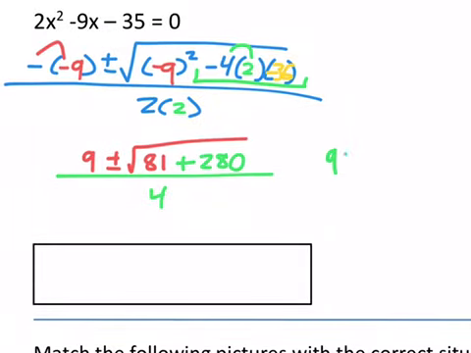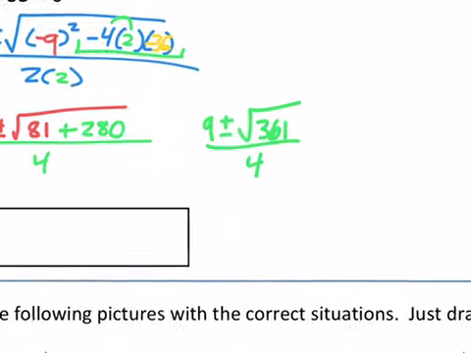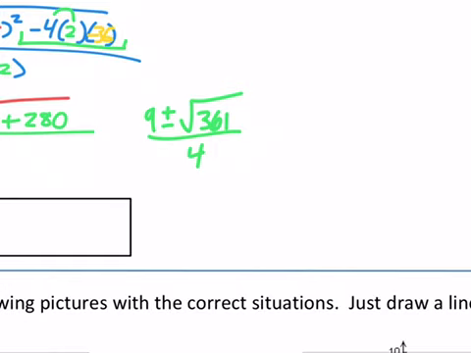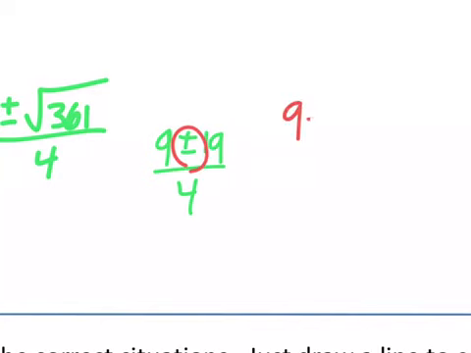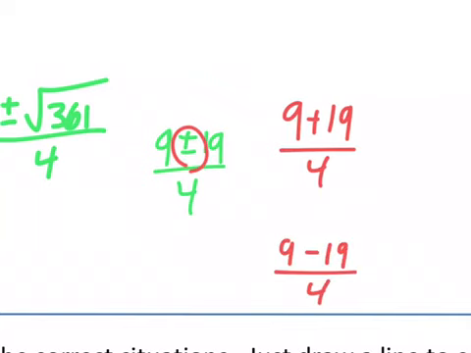So this simplifies down to 9 plus or minus the square root of 361 all over 4. 361 is a perfect square. It's a perfect square for 19. So we have 9 plus or minus 19 over 4. Since we have plus or minus, we need to do both 9 plus 19 divided by 4 and 9 minus 19 divided by 4.